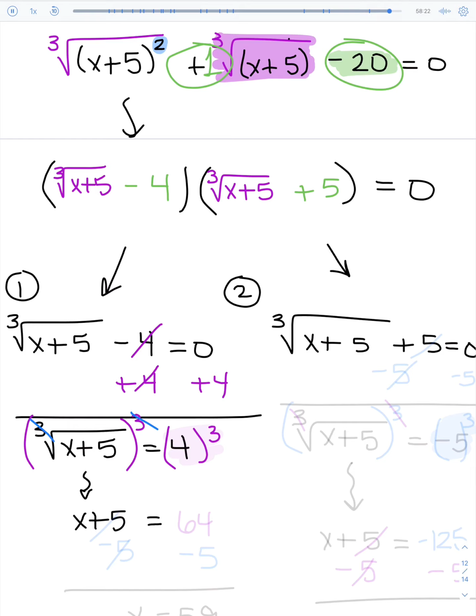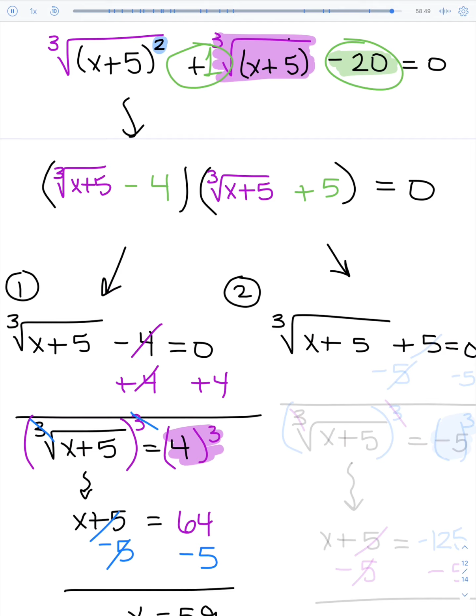And on the right-hand side, we've got a 4 cubed, which is 64. Then continuing along, we'll just go ahead and keep solving as you would normally. We will subtract 5 from both sides, which will give us that x equals 59.